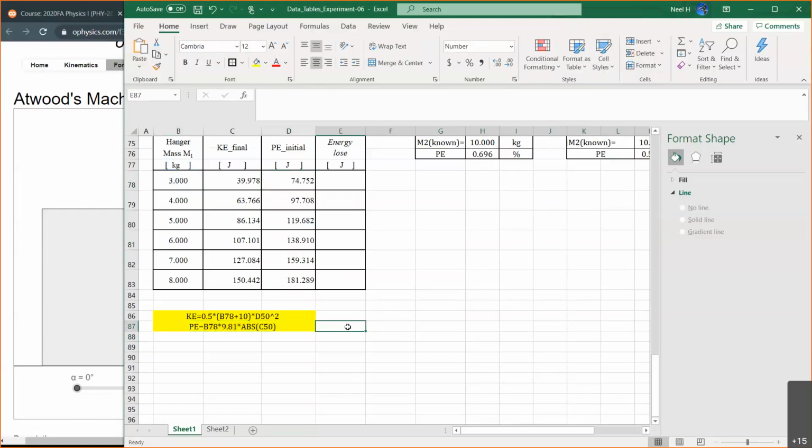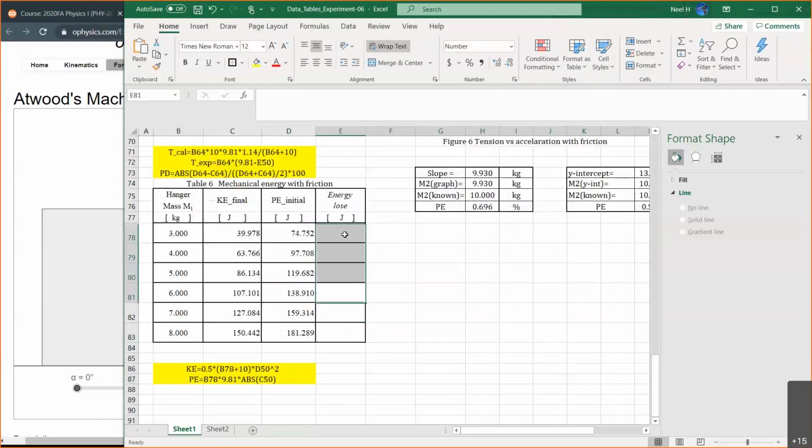And let's do energy loss. Energy loss is just the difference between final energy minus the initial. I should get a huge negative number, right? That's exactly what we're getting. If I'm getting a large negative number, then we are good, because that's exactly what we are expecting here.